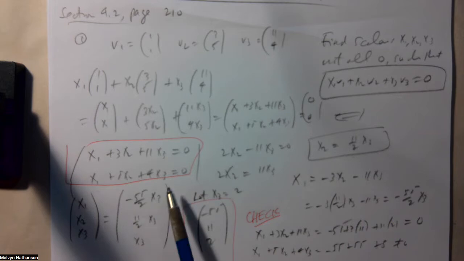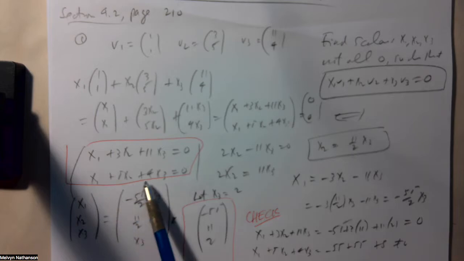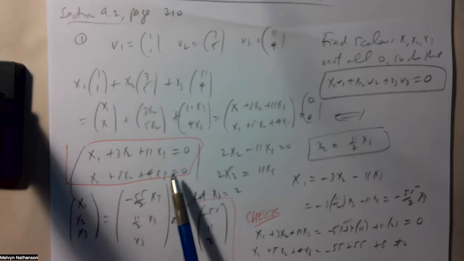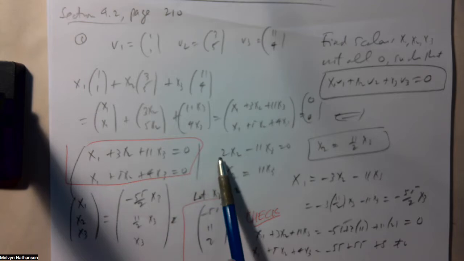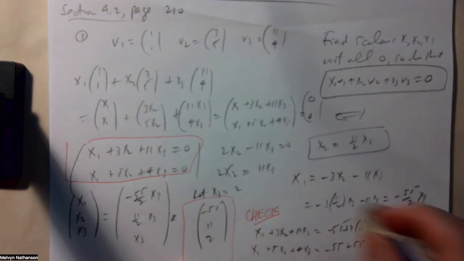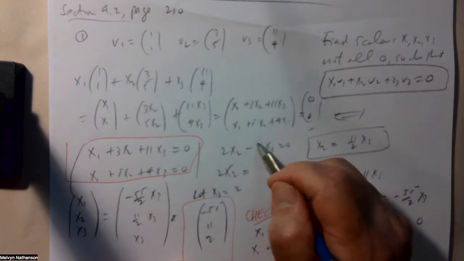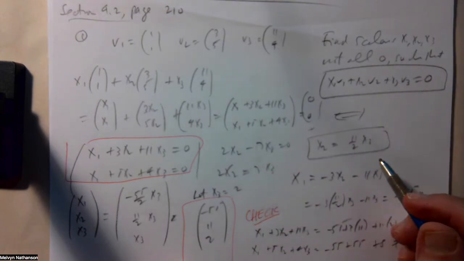So let me go back and look at my system of equations. I have x1 plus 3x2 plus 11x3 equals 0. x1 plus 5x2 plus 4x3 equals 0. I subtracted the second from the first. I got 2x2. Perfect, here's my mistake. So when I subtract, this should be 2x2 minus 7x3 equals 0.